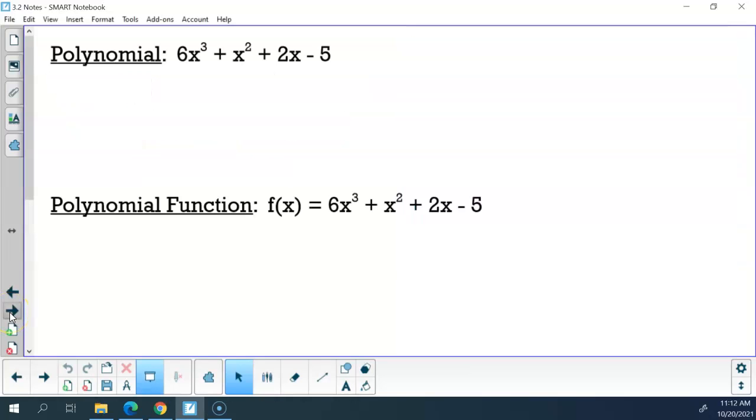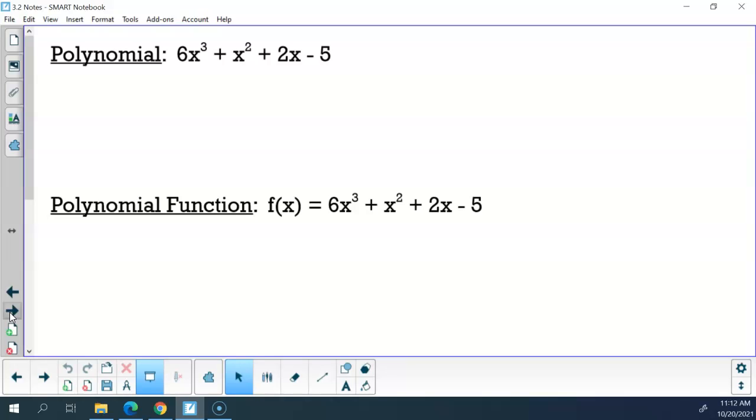Okay? So here is the difference between a polynomial and a polynomial function. Same terms. One is written in function notation. One is written just as a polynomial. Okay?